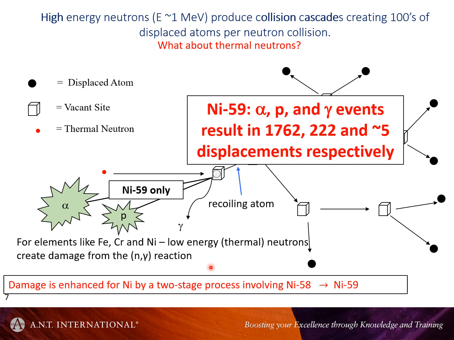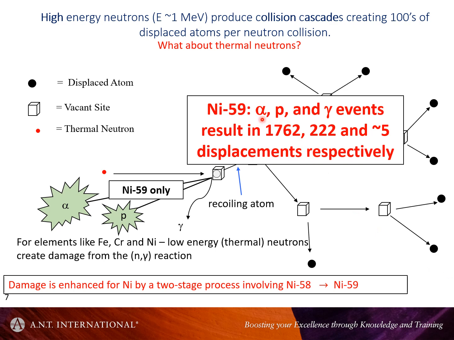So if you have a high thermal neutron environment and you have a lot of nickel, then you're going to get a lot of transmutation to nickel-59, and after a few years you'll get sufficiently high nickel-59 generated that it can have a profound effect on the damage production.